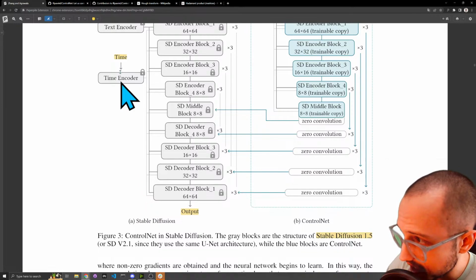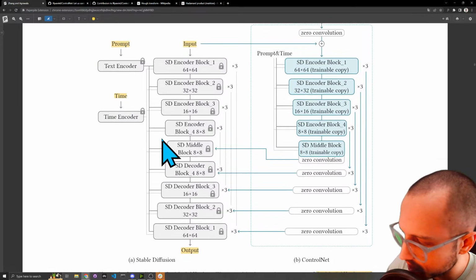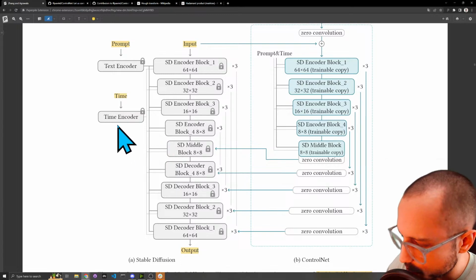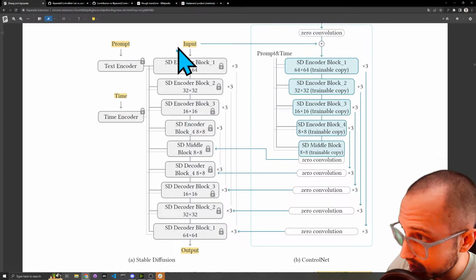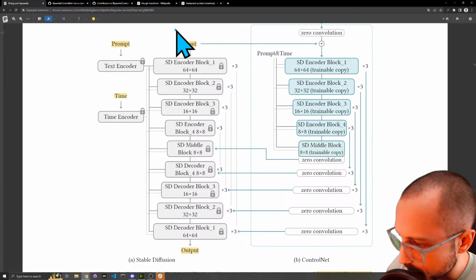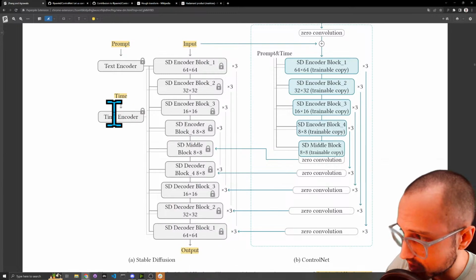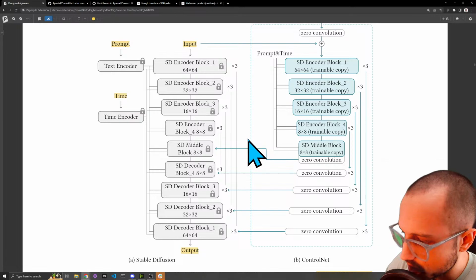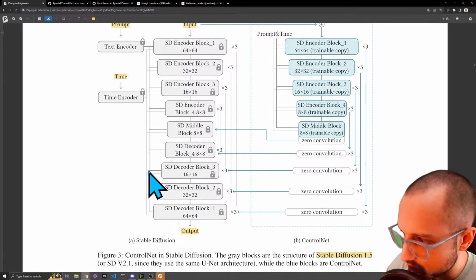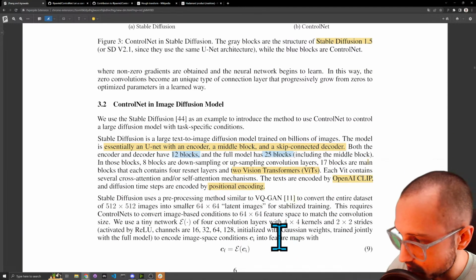When you're very close to the end of the denoising process, maybe the 10th inference step, in however many steps you take, you're probably going to want to remove less noise. So you're going to be less aggressive about noise removal. And that's why you need to give this diffusion model the time, right? Because it needs to know how much noise to remove. It's useful if it knows how far along the diffusion process it is, so that it can remove either less or more noise.